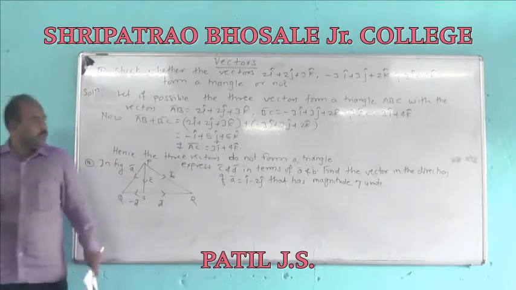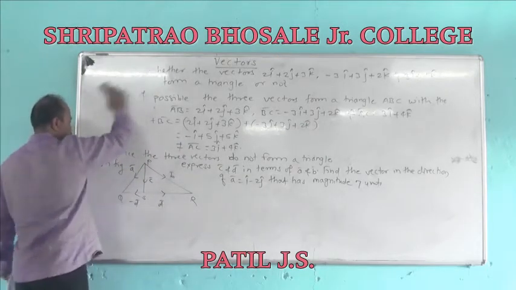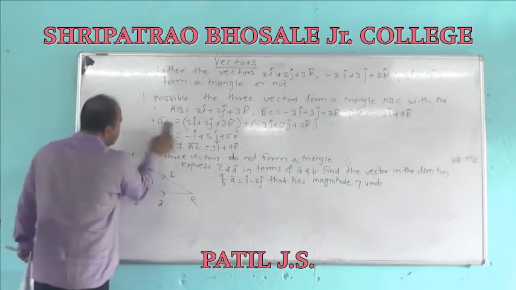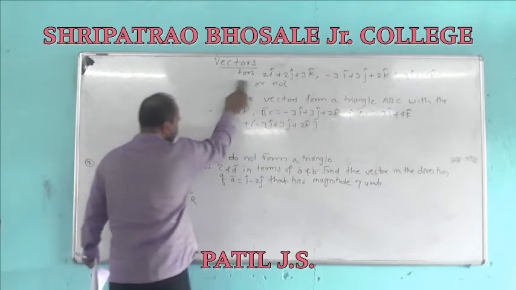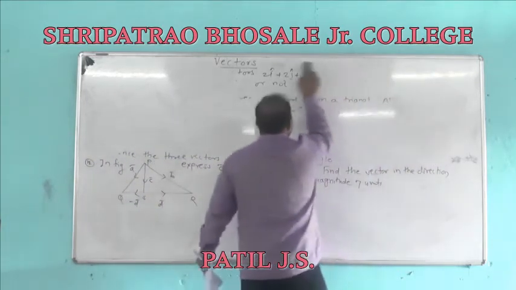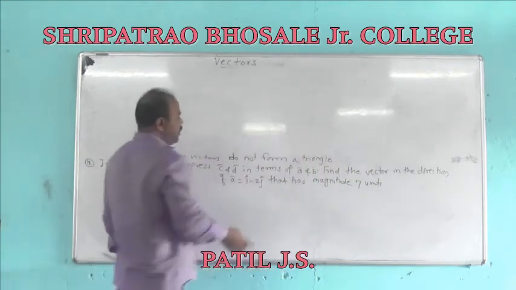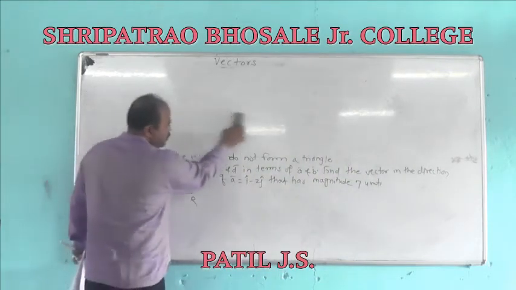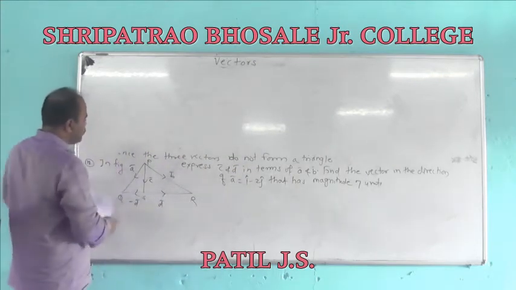This question has two sub-questions. First is express the vectors C and D in terms of A and B, and find the vector with direction A bar and its magnitude is 7 units.